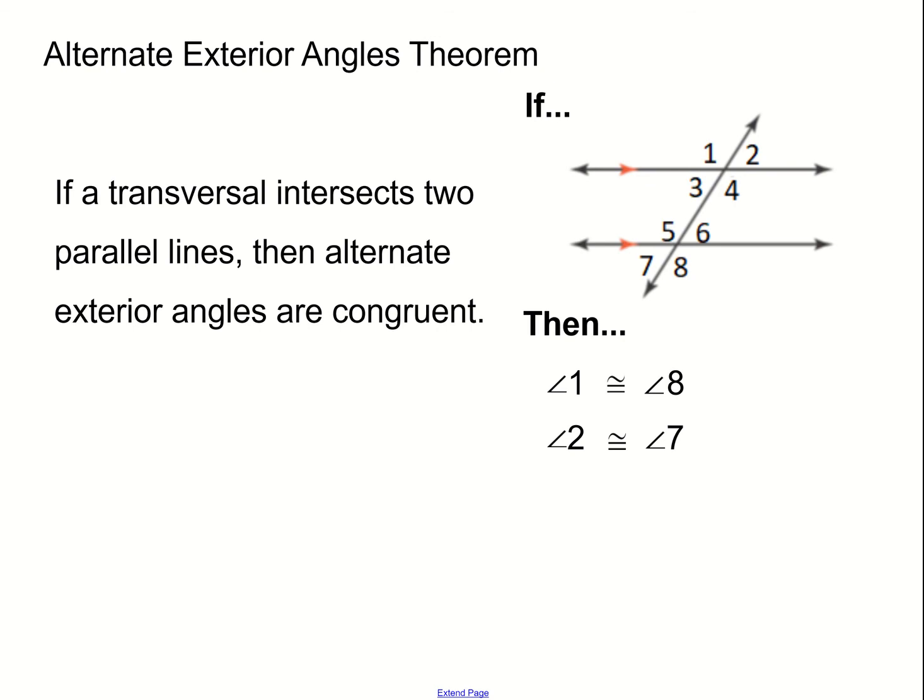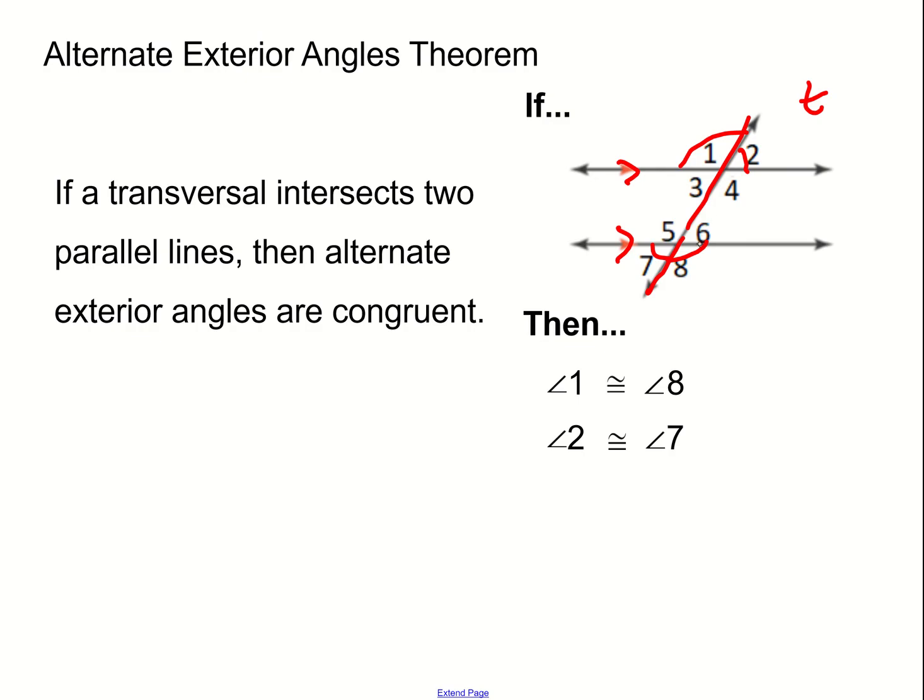All right, so for the alternate exterior angles theorem, again, two parallel lines cut by a transversal. Now we're looking at the alternate exterior angles. So for example, angle 1 and angle 8, or angle 2 and angle 7. So those are alternate exterior angles, and they have to be equal to each other.